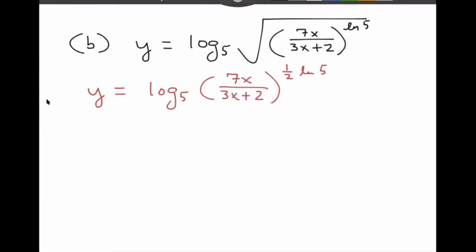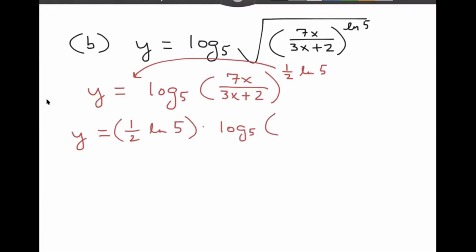Then we can use our power property and put that out front. So now we have y equals 1/2 natural log 5, remember that's a constant, times log base 5 of 7x over 3x plus 2.